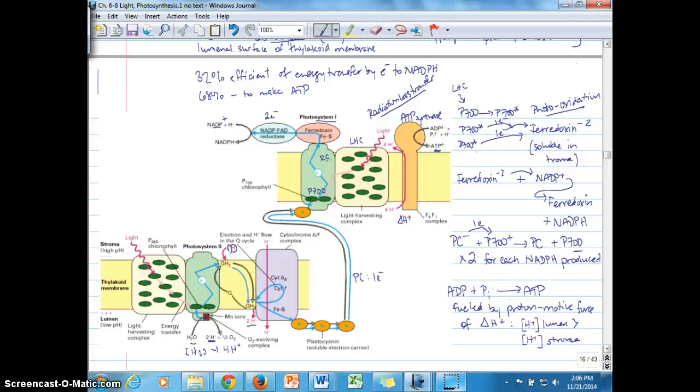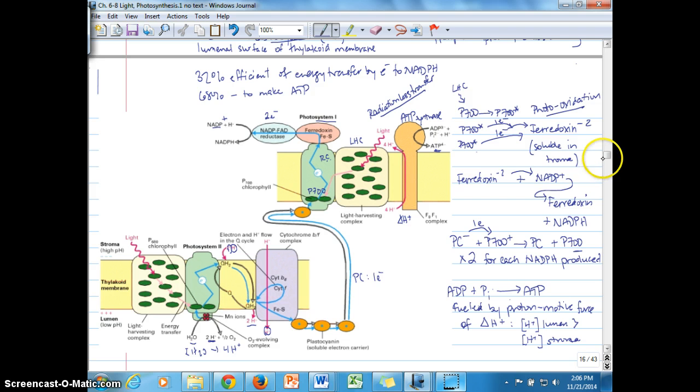So there has to be the ability to synthesize a large amount of ATP. And so the only way that chloroplasts can do that is if they build up these hydrogen ions in the lumen. And so there's a couple of additional ways aside from transporting across by PQH2.